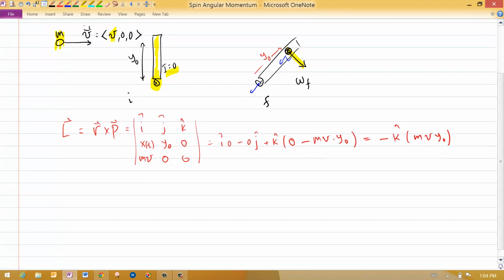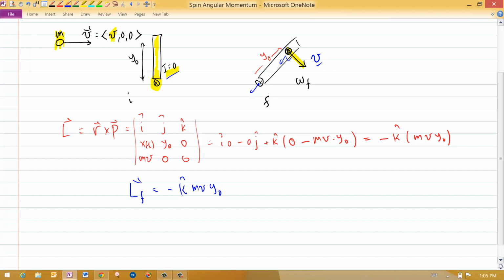So somehow, even though this object is now no longer going on in a straight line, the L in the final state has got to be the same thing, minus k hat m v y0. Well, because the stick has a moment of inertia of 0, I know that the only thing that the stick does is change the direction that the ball is going.